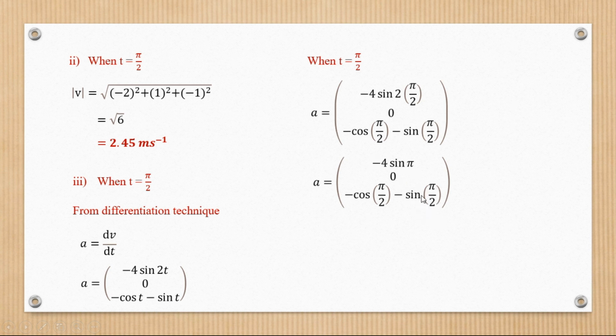Then right here, sine pi over 2 is the same as sine 90, which is actually 1. So I have a 1 right there. Then cos 90 is going to be 0. So I'll have 0 right here. That means I'll be left with negative 1 at the bottom. So the end acceleration shall be 0, 0, negative 1, which is the same as negative k meters per second squared. And that is the value of the acceleration.